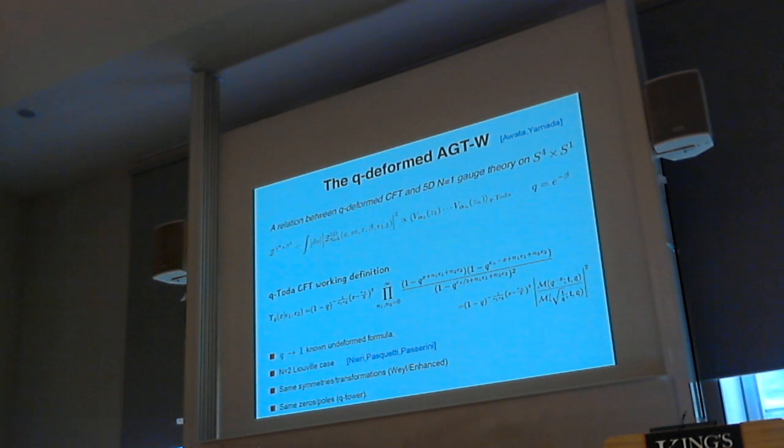There is one more thing that I want to add, and then I will go to our proposal: the q-deformed version of AGT. The q-deformed version says that N equal to 1 gauge theories on S4 cross S1, N equal to 1 in 5D, equivalent to 16 supercharges, equivalent to N equal to 2 in 4D, is related to q-deformed CFT.